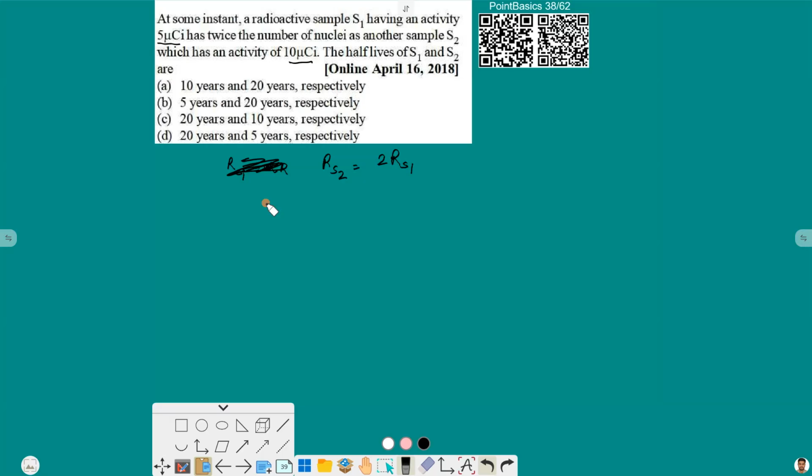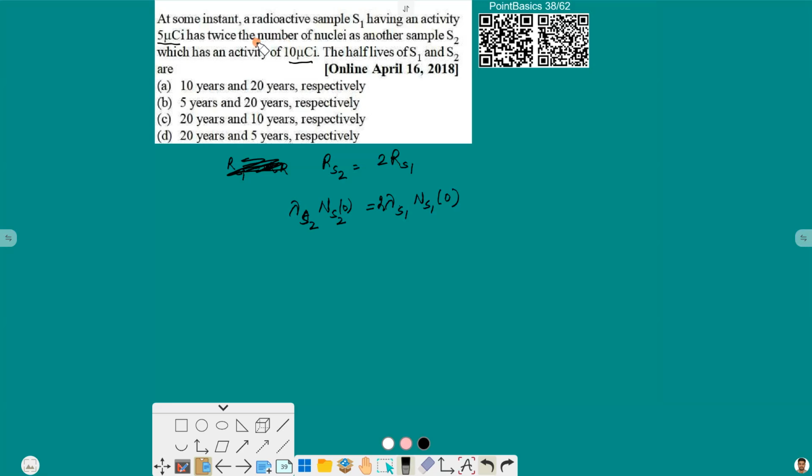So these are the ratios, and from this I can write that lambda S2 into N S2 node is equal to twice lambda S1 and S1 node. So this is the relation basically.